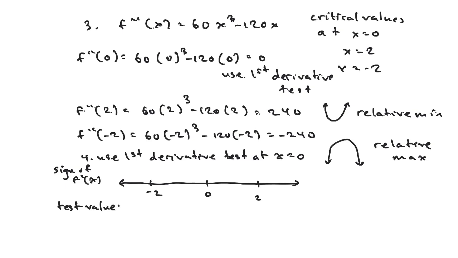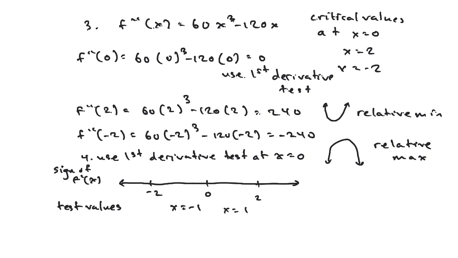We already know there's a relative max at x equals negative 2 and a relative min at x equals 2. So the only thing we need to do is check the sign of f prime of x on either side of x equals 0 before we get to the next critical point. Here I'll pick x equals negative 1, and here x equals 1.